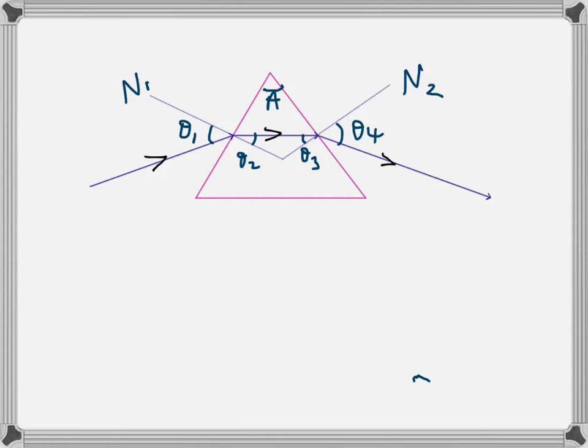Then we can prove that theta 2 plus theta 3 would be equal to A. Can somebody prove it? No matter how you send the ray, when you add the two angles inside, theta 2 and theta 3, you should get the angle of the prism. Can anybody prove it geometrically? Quick.